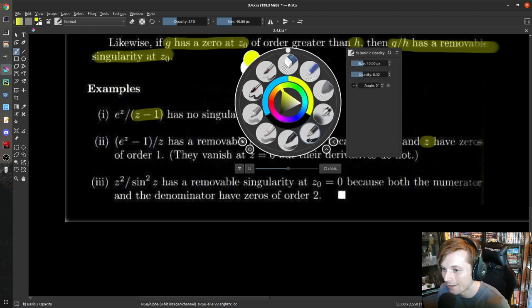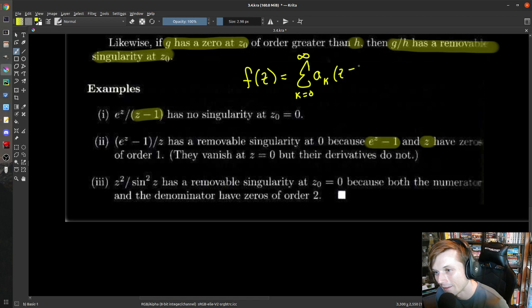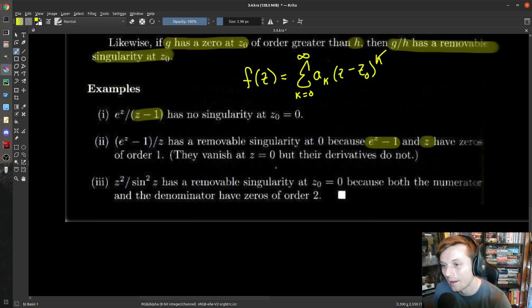So, in case anyone has forgotten, if you write f of z equals, say, a power series, the sum from k equals 0 to infinity of ak (z minus z naught) to the k, then if the first term is equal to 0, you have a zero of your function at z naught.